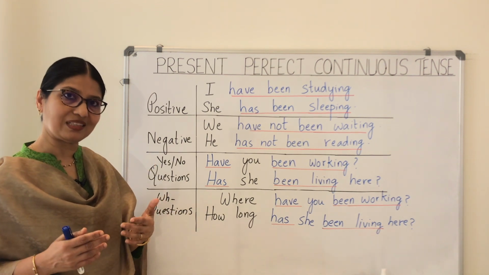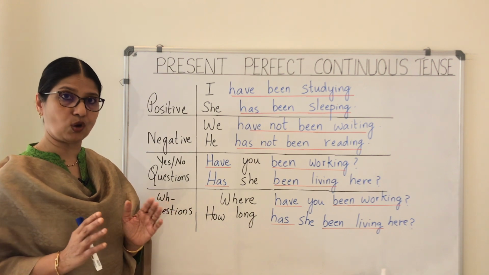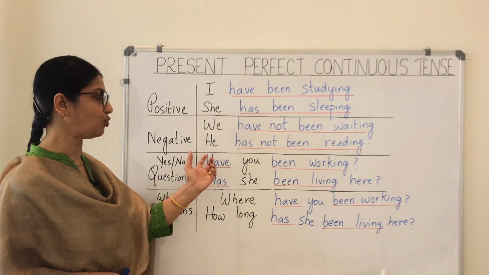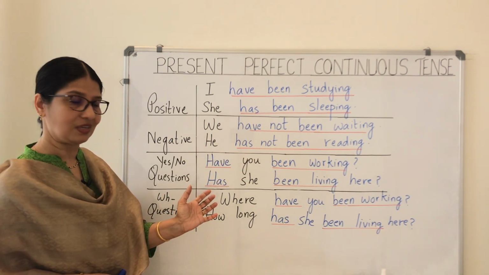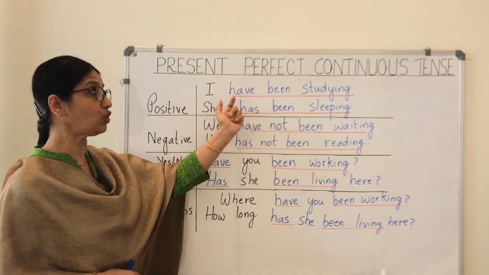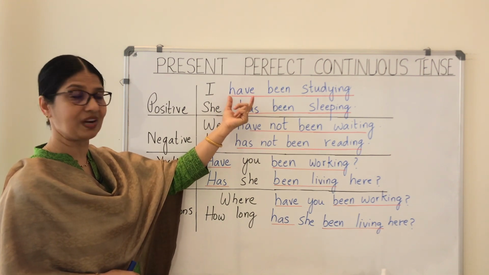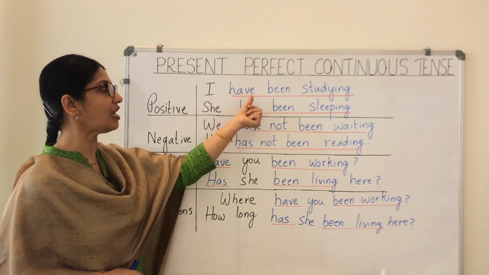How do you make the question form? You know that in order to make a yes or no question, you just have to invert the word order. So here you have I have been studying. So in order to make a question here, you will start with the first auxiliary. So you will have have I been studying?